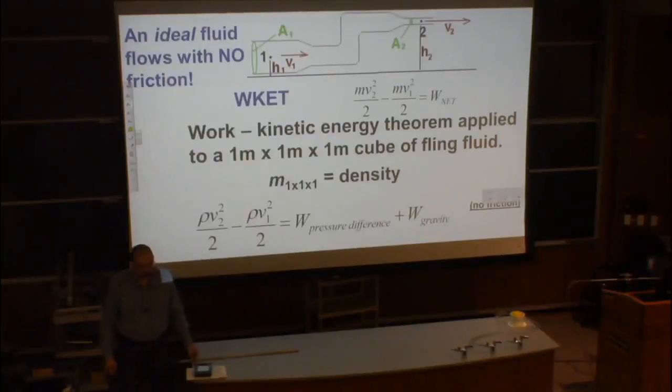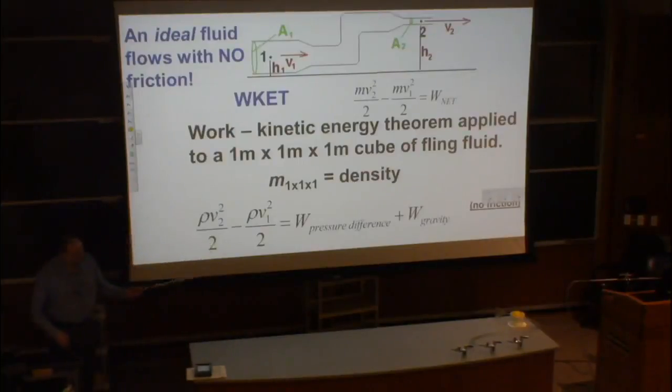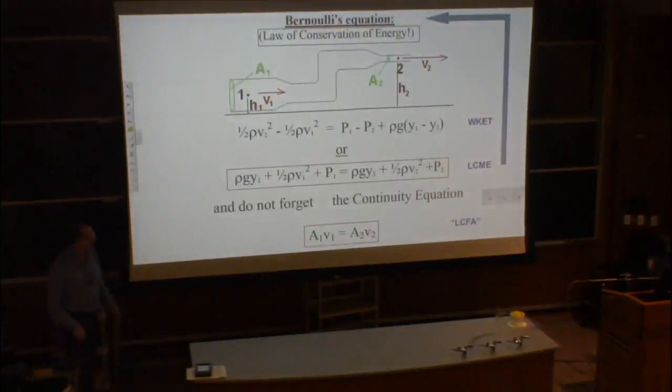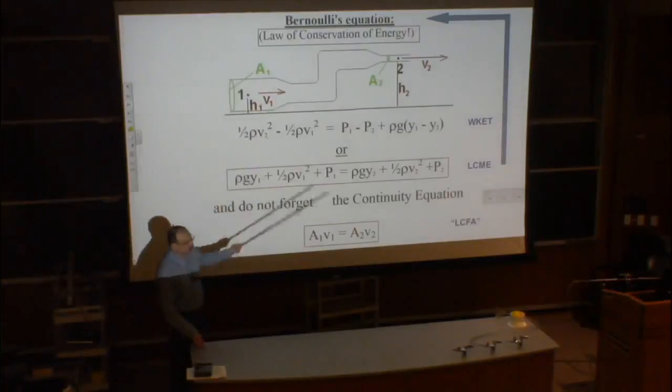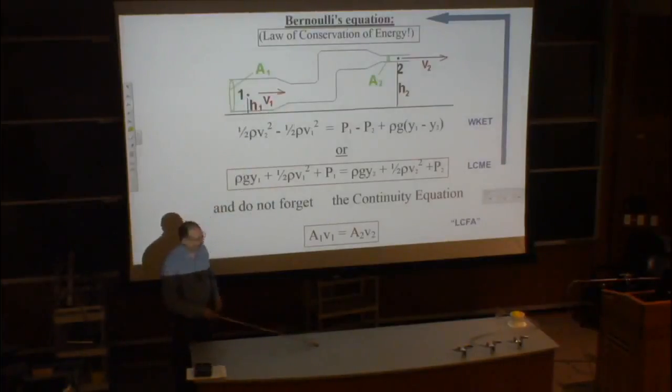The mass of 1 cubic meter is density. Force acting on 1 square meter is pressure. So if we apply the work-kinetic energy theorem or the law of conservation of mechanical energy, the equation, which has a name, Bernoulli's equation, after the Italian physicist, looks like this.